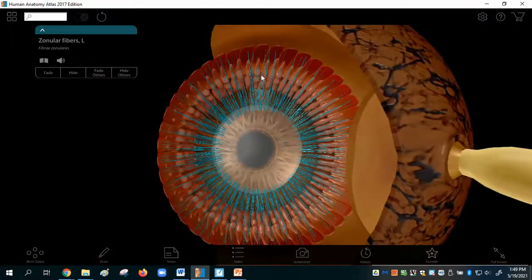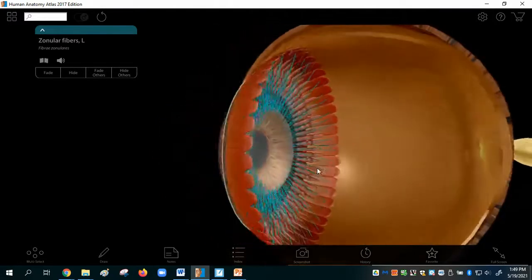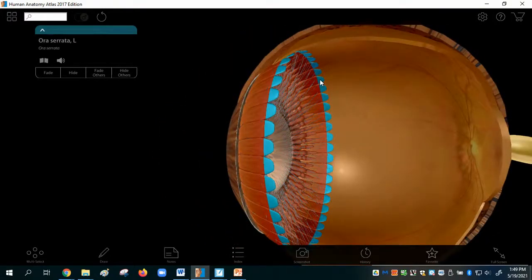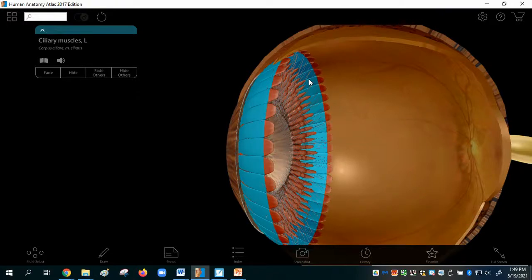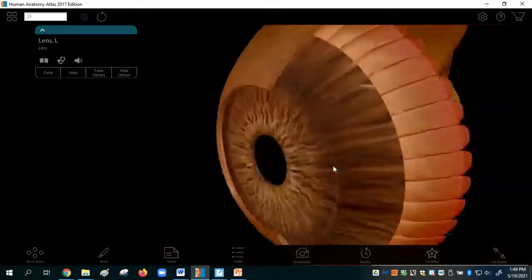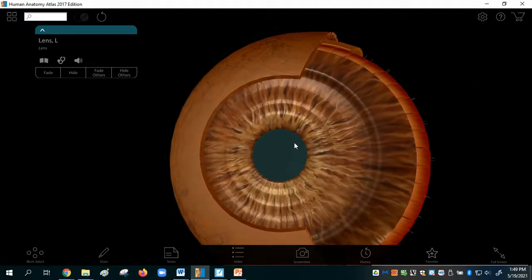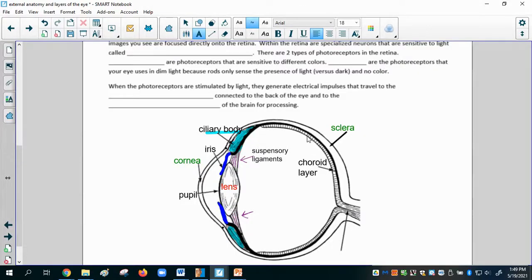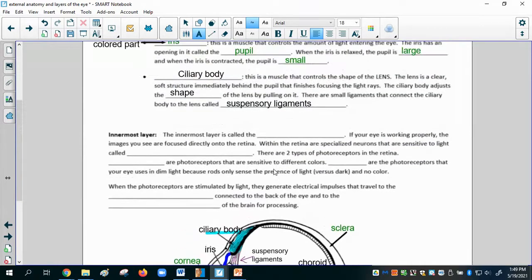So notice that they're all the way around the lens, hooking the lens to the muscle here. Okay, so here's the ciliary body. These are the suspensory ligaments, and they attach to the lens, which is right behind the pupil. And that takes care of that middle layer of the eye, the choroid, turning into the ciliary body and the iris.